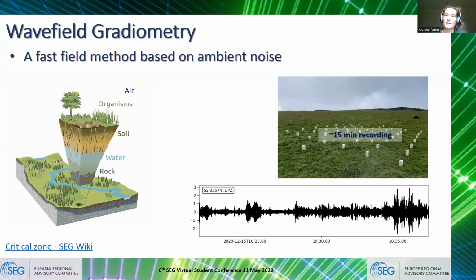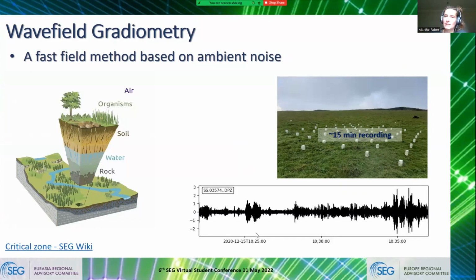Gradometry as a method is defined by its underlying wave equation that is chosen to define the analyzed or measured wave field. Then we calculate gradients of the wave field, as the name already suggests, that are directly related to the subsurface parameters.